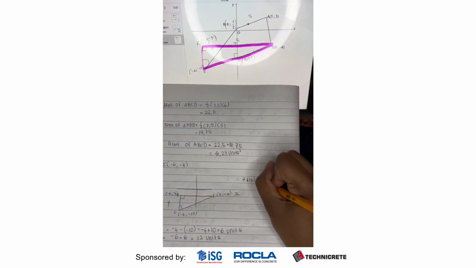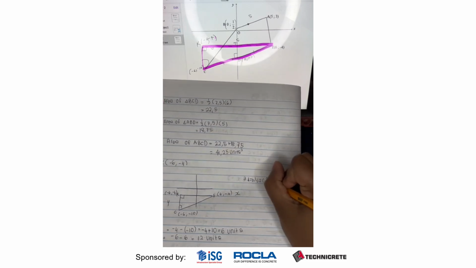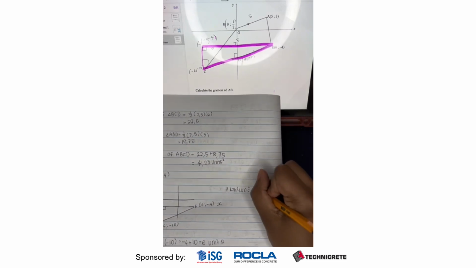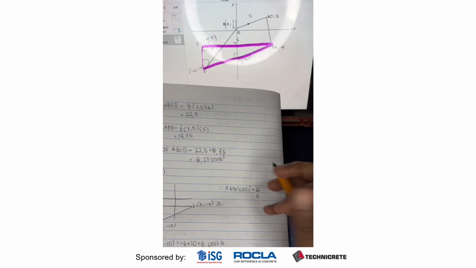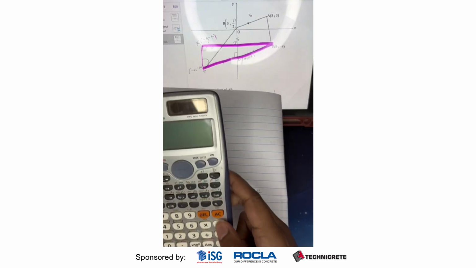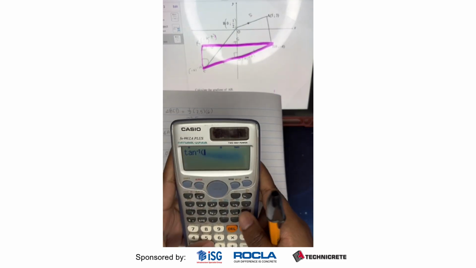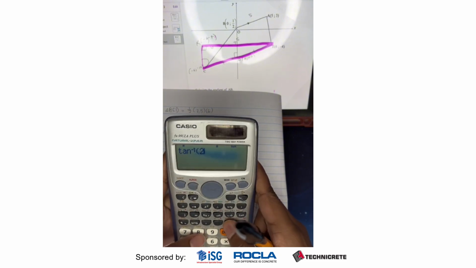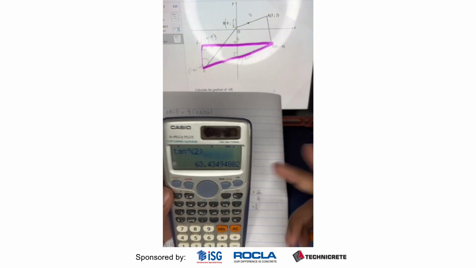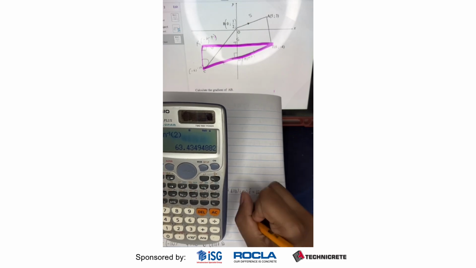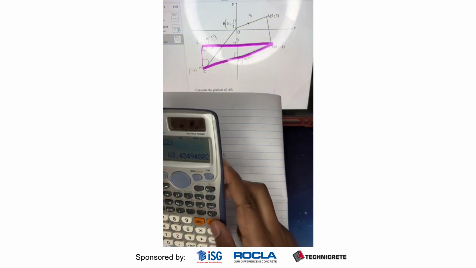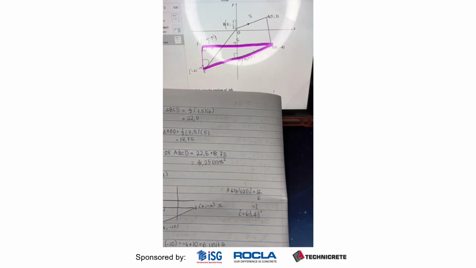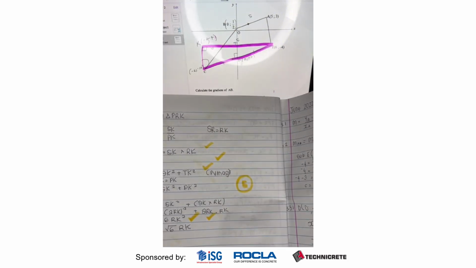So tan of angle C is equal to 12, because KE is 12, over KC 6. I'm going to use our calculators, so that is equal to 2. So shift tan 2, so my angle, which is angle C, is equal to 63.43 degrees.